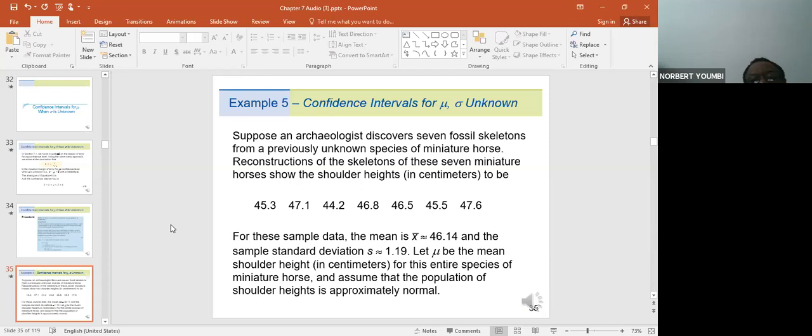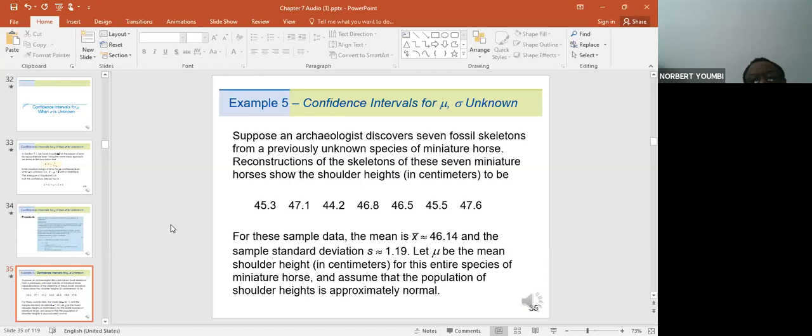For this sample, the mean is 46.14 and the standard deviation S is 1.19. Let mu be the mean shoulder height for this entire species of miniature horse, and assume that the population of shoulder height is normally distributed. This assumption is important here because the sample size is too small.